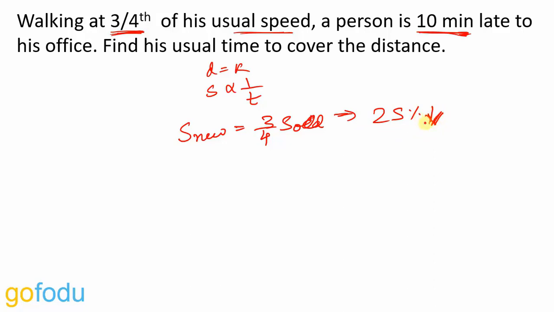Can we say time increases by 25%? Well, saying this will be wrong. This logic is wrong, as we have seen in the percentage video that to cancel out an increase of 25%, you have to decrease by 20%. Or after a decrease of 25%, to get the original value, we increase by 33.33%.